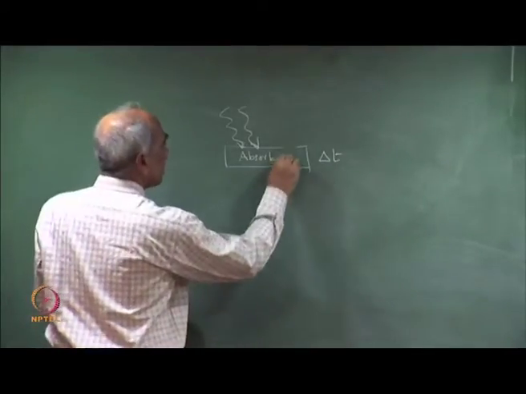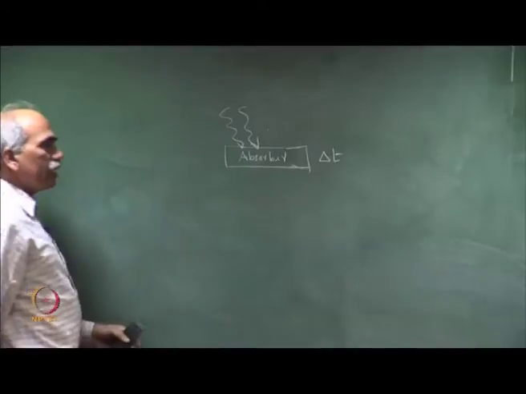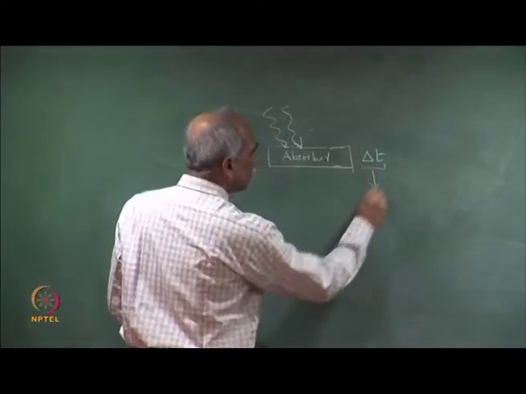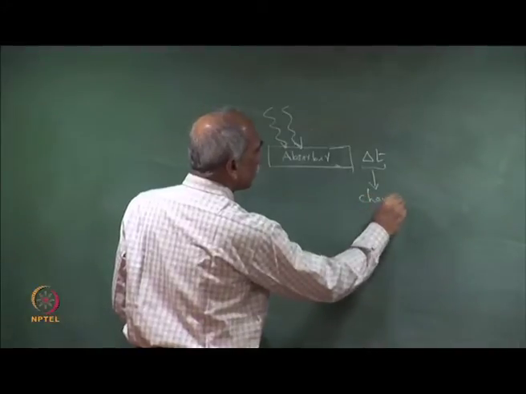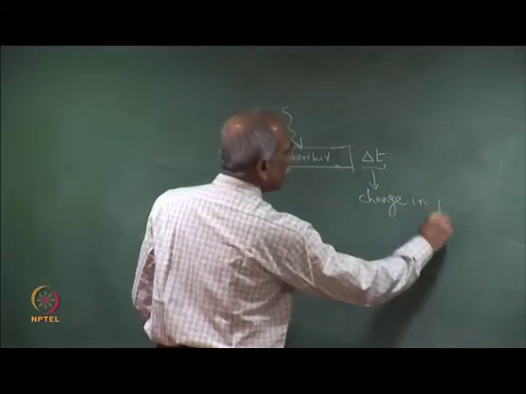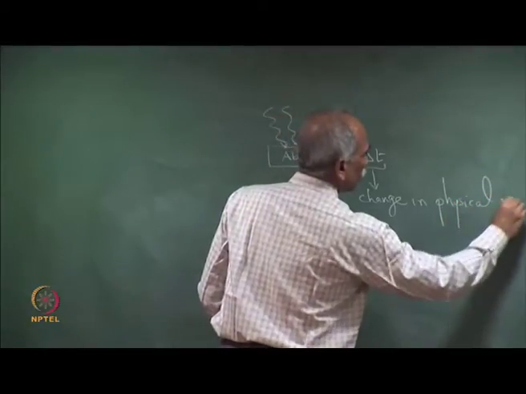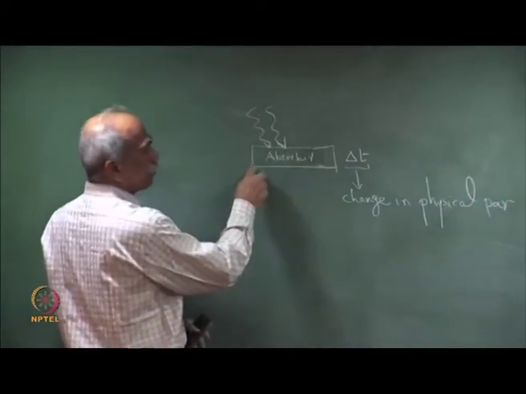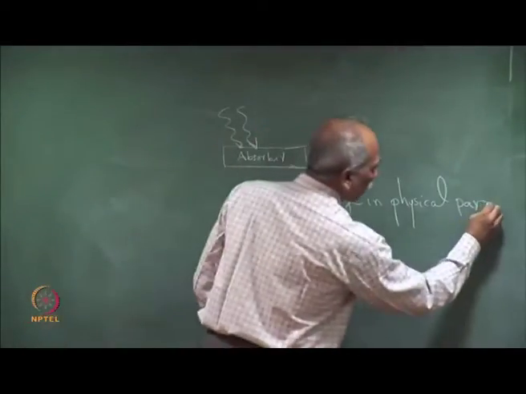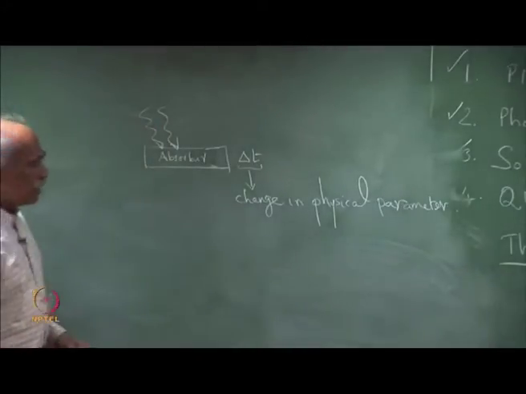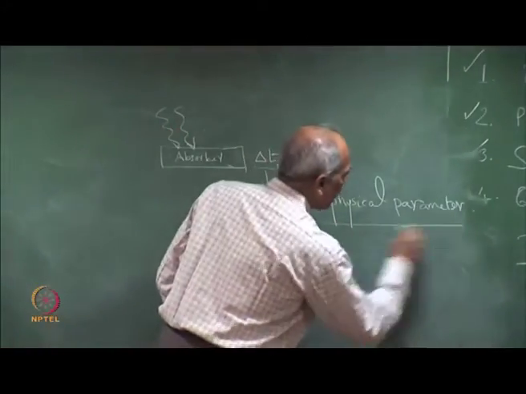The incident radiation leads to a change in temperature, delta T. So, delta T leads to a change in a physical parameter of this absorber material, and this change in physical parameter is detected.